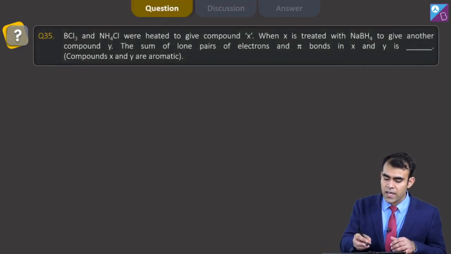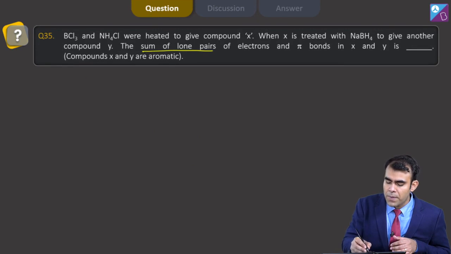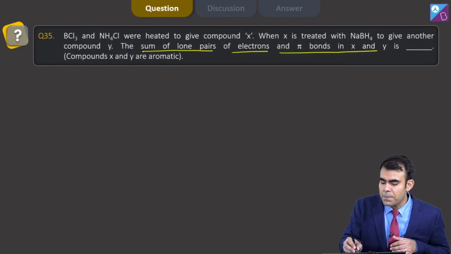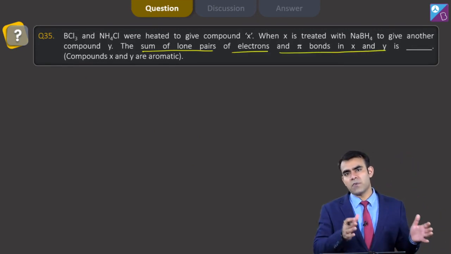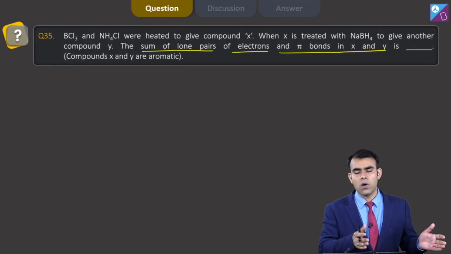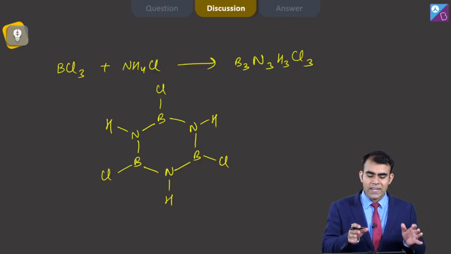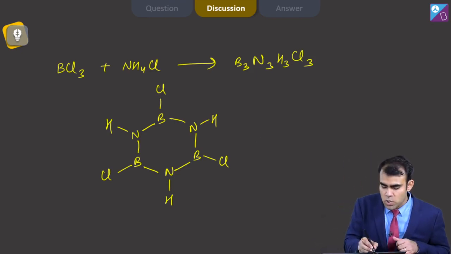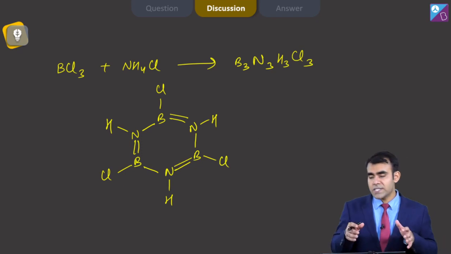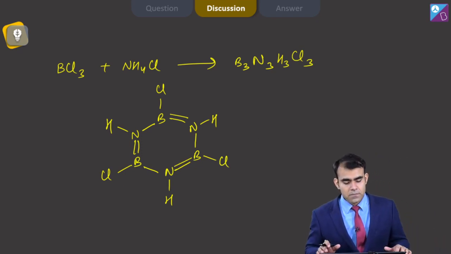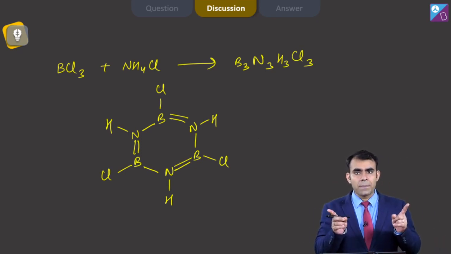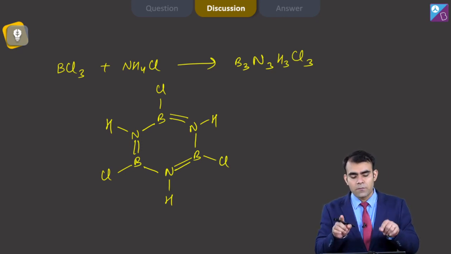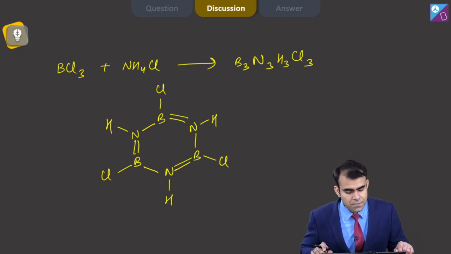But in the question they are asking for the sum of lone pairs of electrons and the pi bonds. It means whether I draw pi bond or I write only the lone pair, it does not matter because the sum remains the same. So let's draw double bond here, because this compound is aromatic because of the 2p pi 2p pi bond formation between boron and nitrogen.